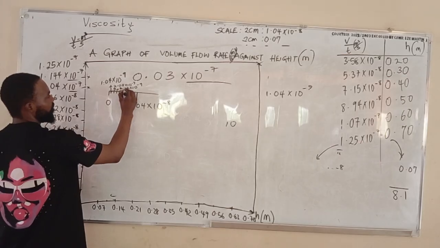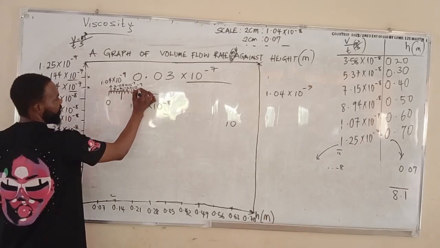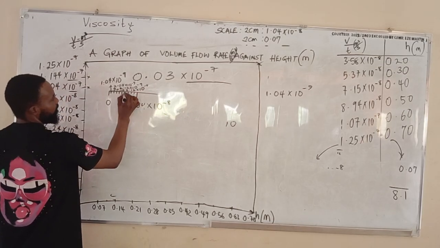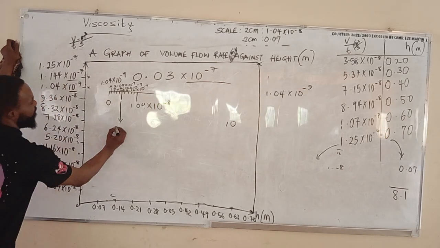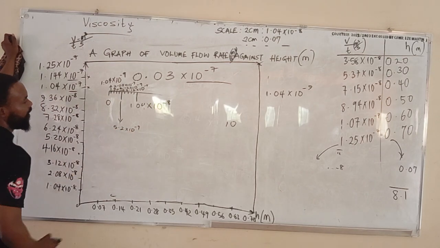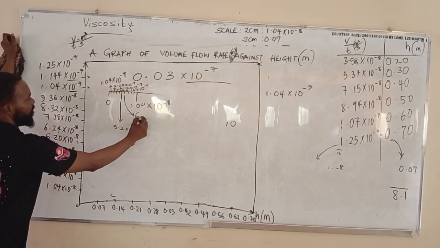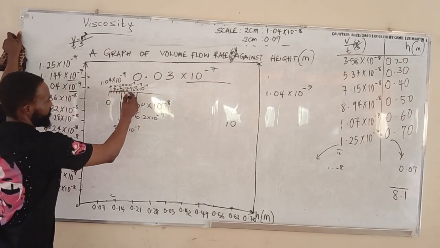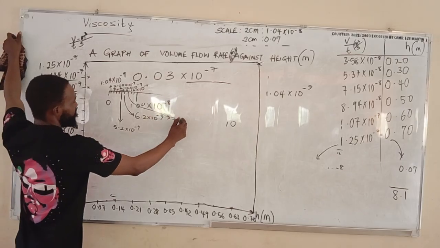Continue please. 4.16 there. Add now, be fast. Add again. Okay. 7.